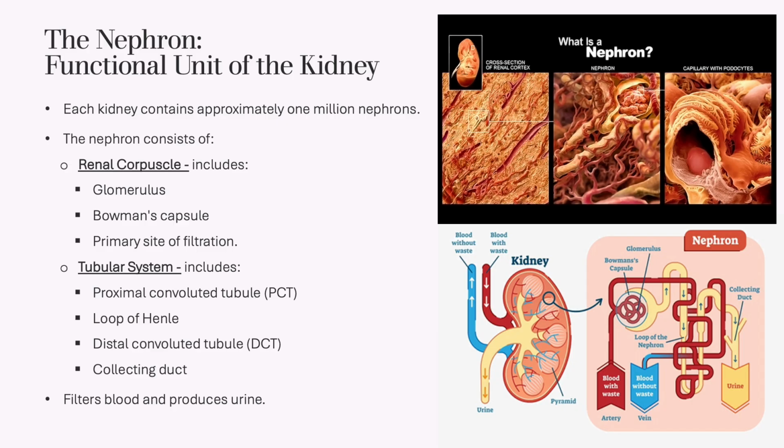So it's going to reabsorb the water, glucose, sodium, and nutrients. The loop of Henle creates concentration gradients that allow the kidneys to concentrate the urine. The distal tubule and the collecting duct provide fine-tuning of that water and electrolyte balance under hormonal control.